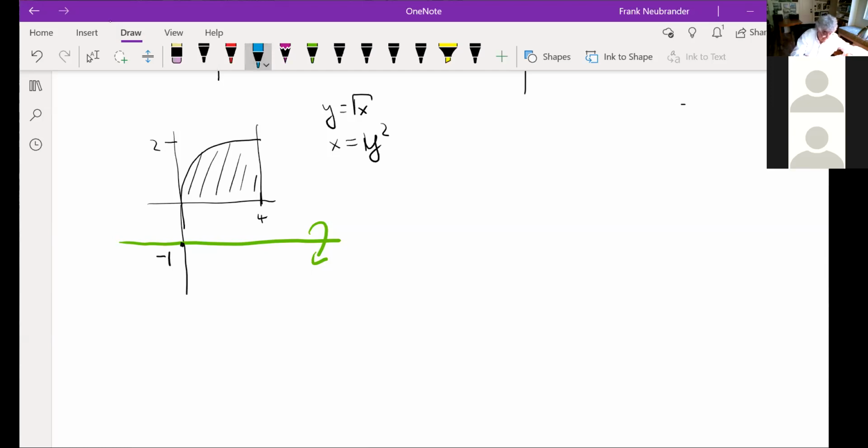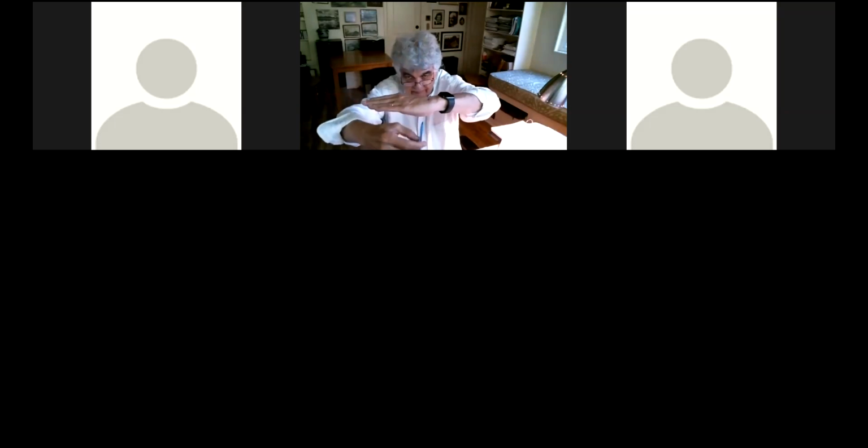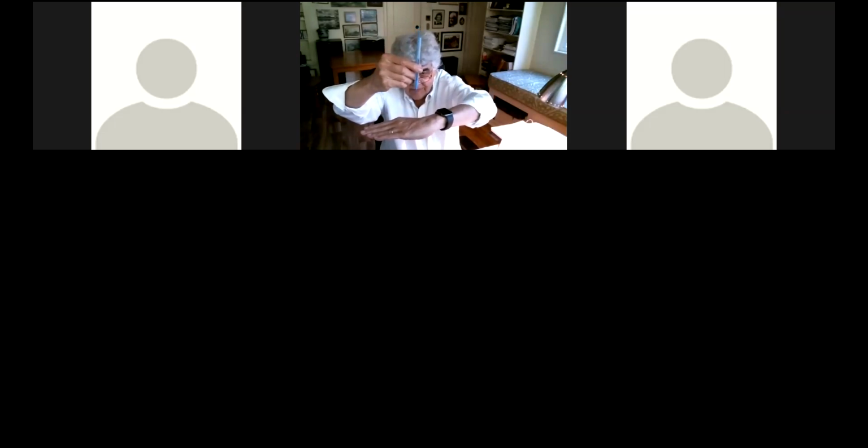So first, let me take again a vertical slice. So in this case, my axis is a horizontal axis, and I take a vertical slice. If I rotate a vertical slice around this axis, this will generate a washer.